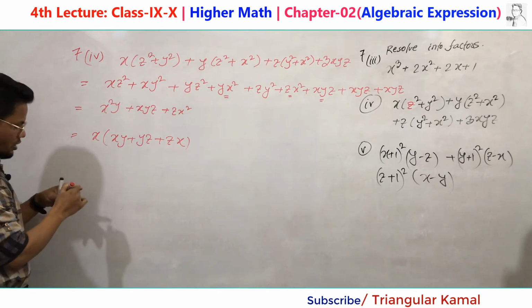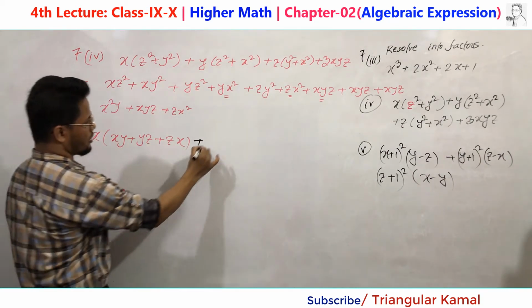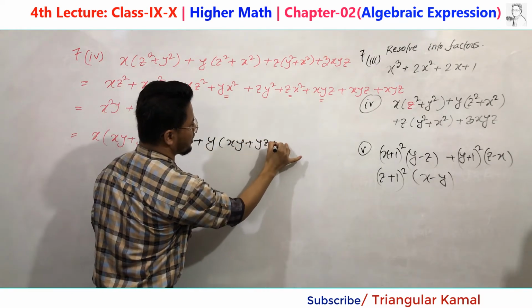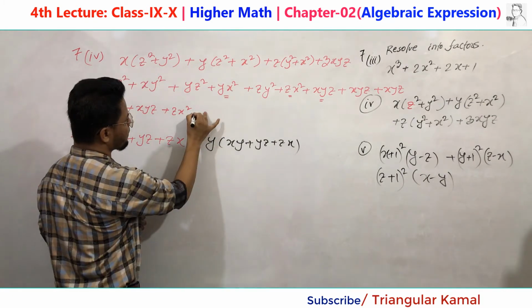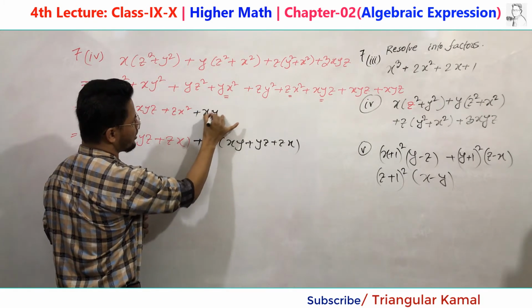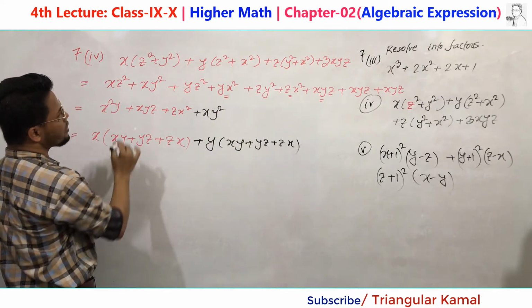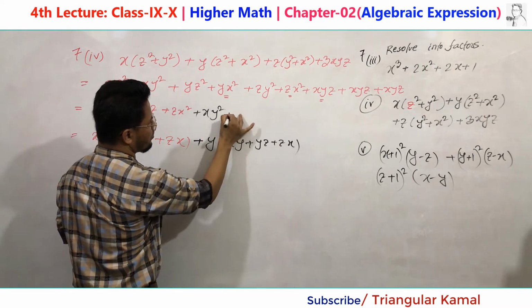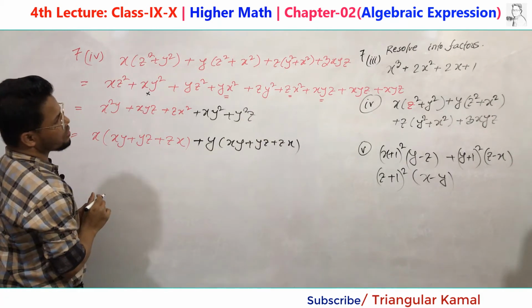3 parts complete. Next one, x, then y, xy plus yz plus zx. Now do simple multiply. xy square, which one is xy square? This one is xy square, then y square z, which one is y square z?